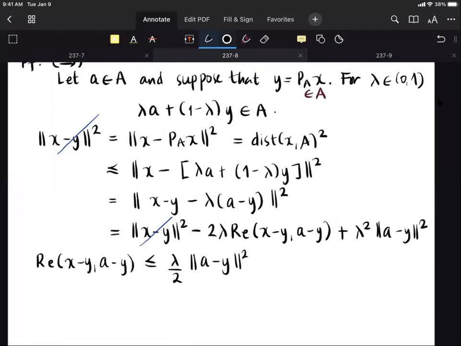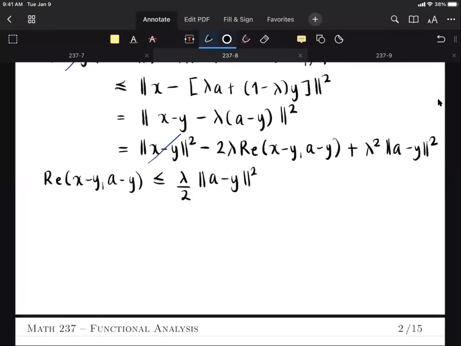Okay, so from here, since y and A are independent of lambda, if we now pass to the limit as lambda goes to 0 from the right, we obtain that the real part of the inner product between x minus y and A minus y is less than or equal to 0.